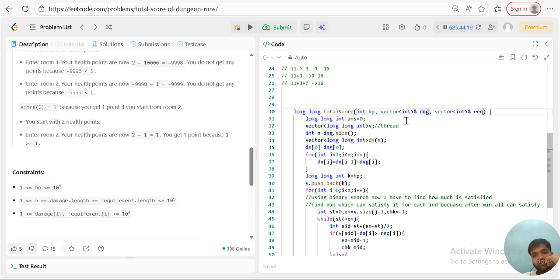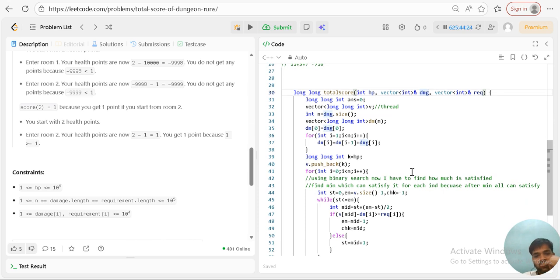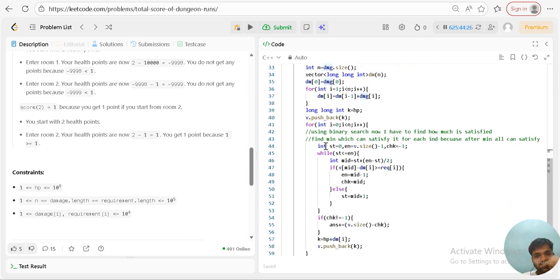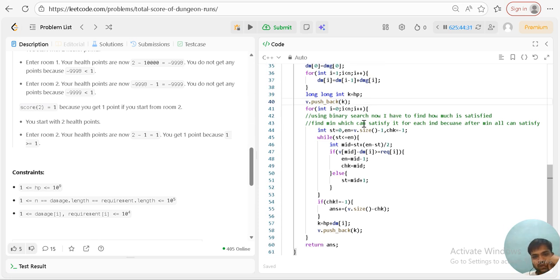So the prefix sum of DMZ we stored in DM. Okay, so initially we have only one thread, that is K. We have only one thread in my bucket, and the only starting point is 0. So we are traversing all the starting points. Like at starting point 0, how many threads do we have? One. And how many of them are possible? So we have to binary search that.